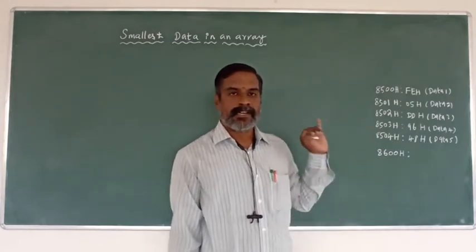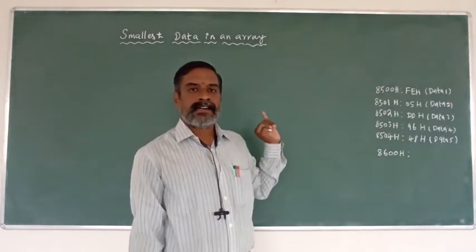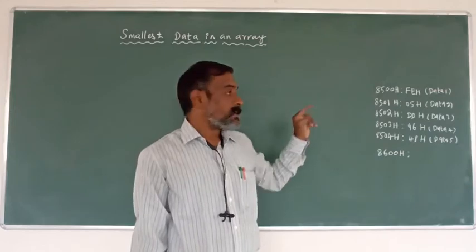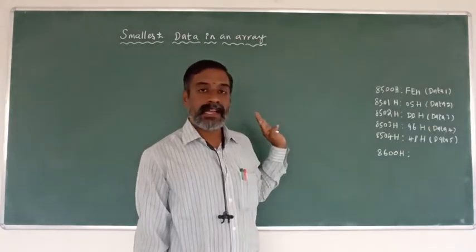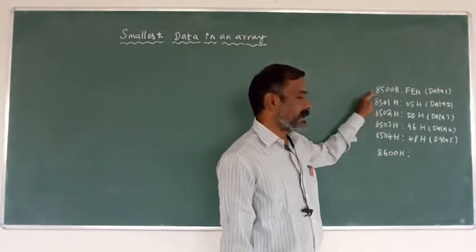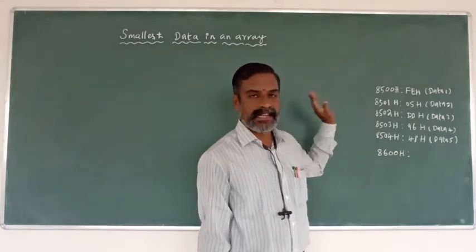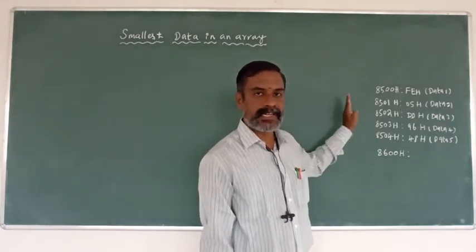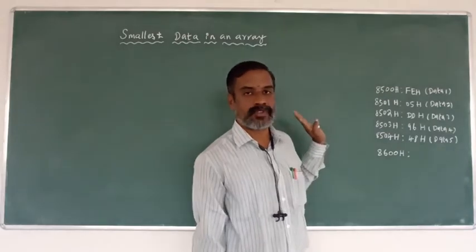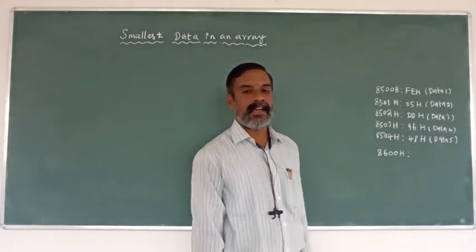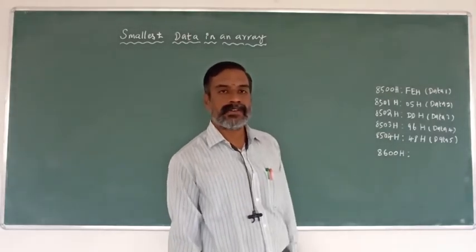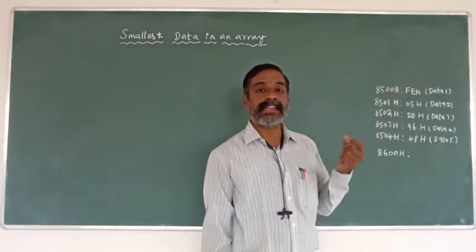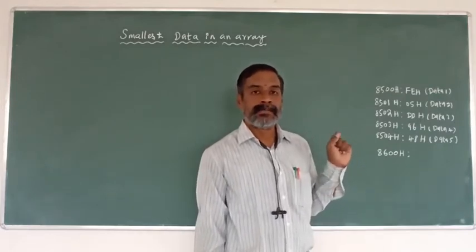Okay, first we have to set the counter, the number of data, and then initialize the external memory address. In this address only the number of data will be stored. And the next one, we have to initialize the 8-bit internal memory.